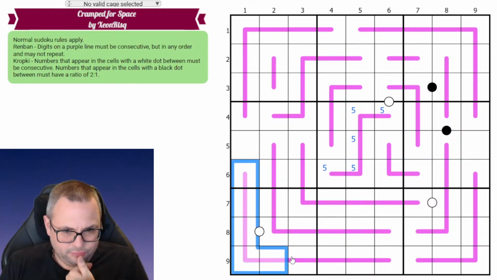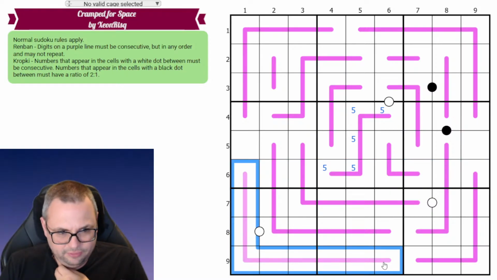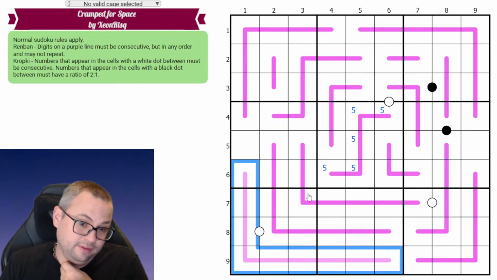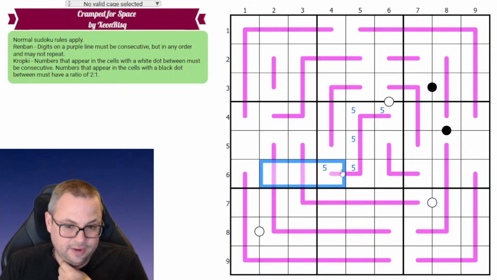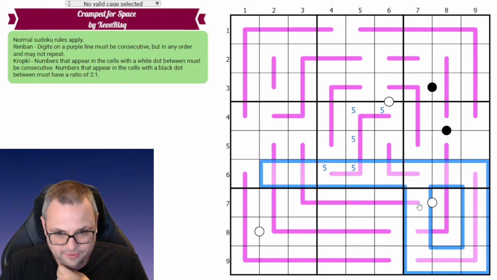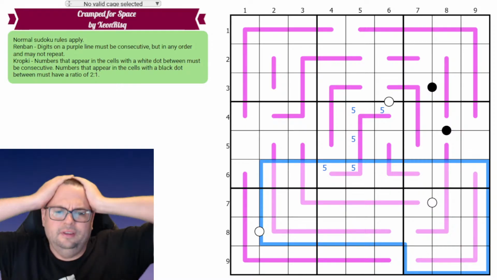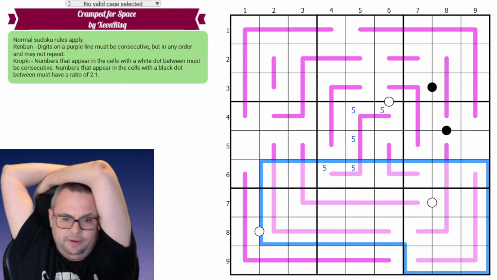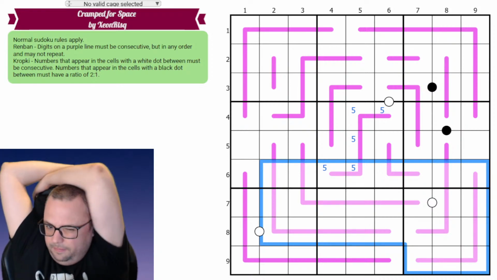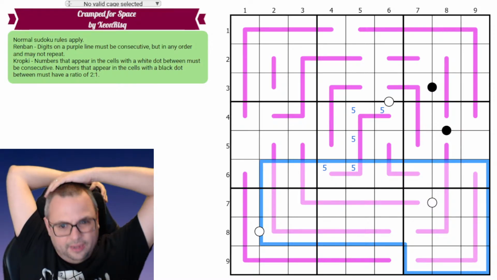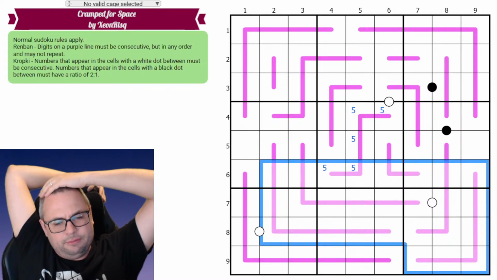In fact, only this one can have 1 and 9 on it. So that's 2 of the 8 1 through 9s. So we've got to have 6 1 9s over here on these Renbans. That's 7 Renbans, I think, that need to have 6 1 9s on them, if I counted that correctly.